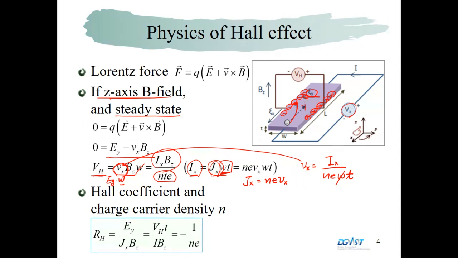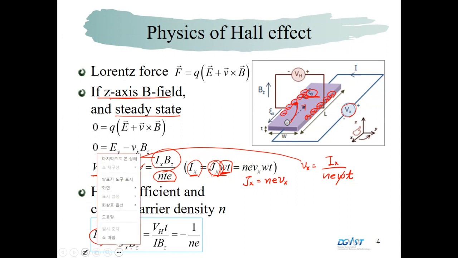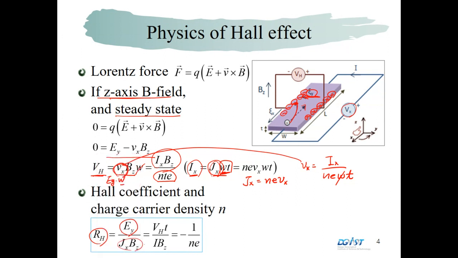So we can define the Hall coefficient. The Hall coefficient is the electric field in the y direction divided by the multiplication of the current density and the B field in the z direction, or we can replace this form, or if we put the result of V_H here, we can obtain this result.